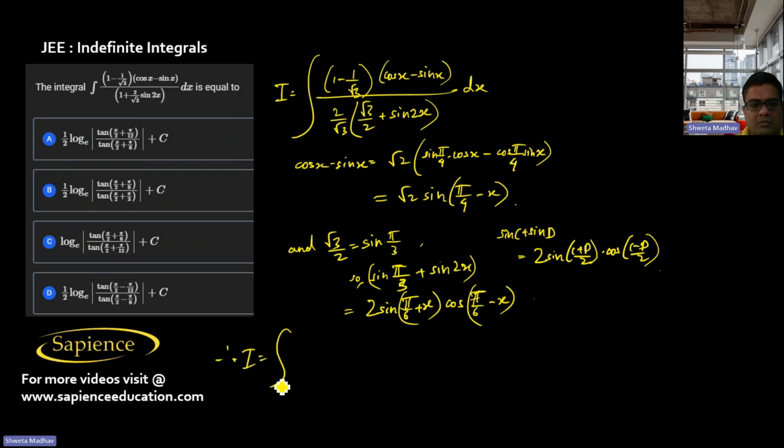Therefore, the integral I can be written as root 3 minus 1 by root 3 into root 2 sine pi by 4 minus x divided by 2 by root 3 into sine pi by 3 plus sine 2x, which is 2 sine pi by 6 plus x into cos of pi by 6 minus x.